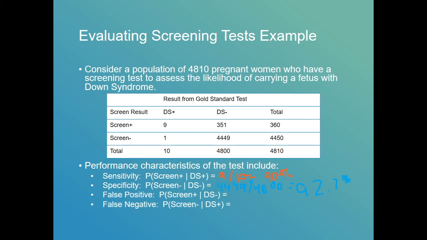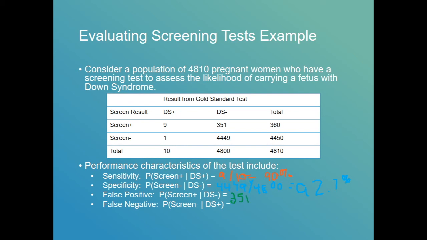So now we want to calculate the false positive. How many people are getting a positive result when they truly do not have a child with Down syndrome? So here we're going to divide 351.